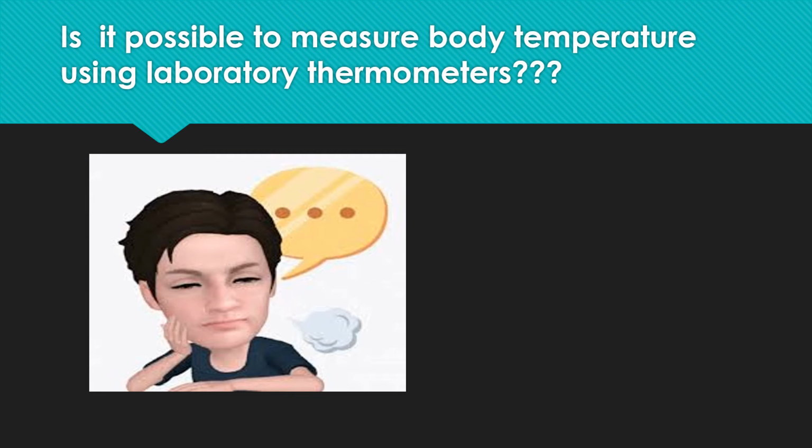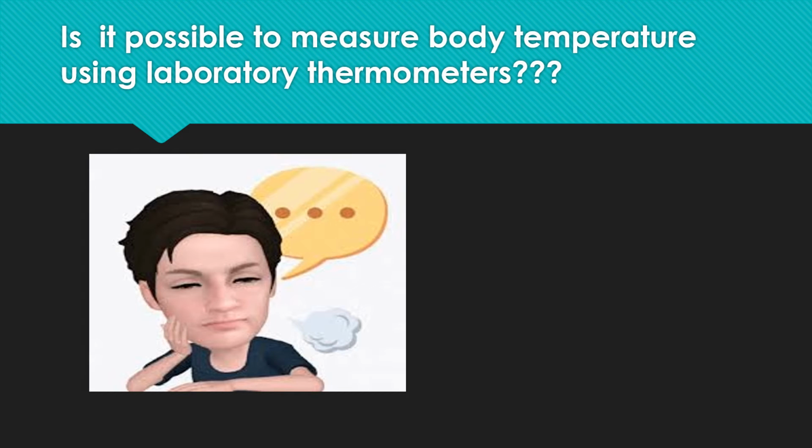Now a question will arise in your mind: is it possible to measure body temperature using laboratory thermometers? But obviously the answer is no, because while taking the temperature, we have to take the thermometer out of the mouth to read the reading.